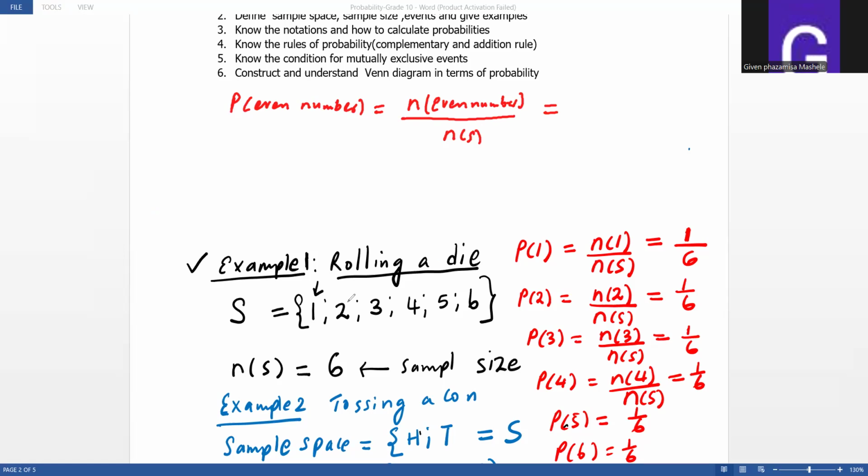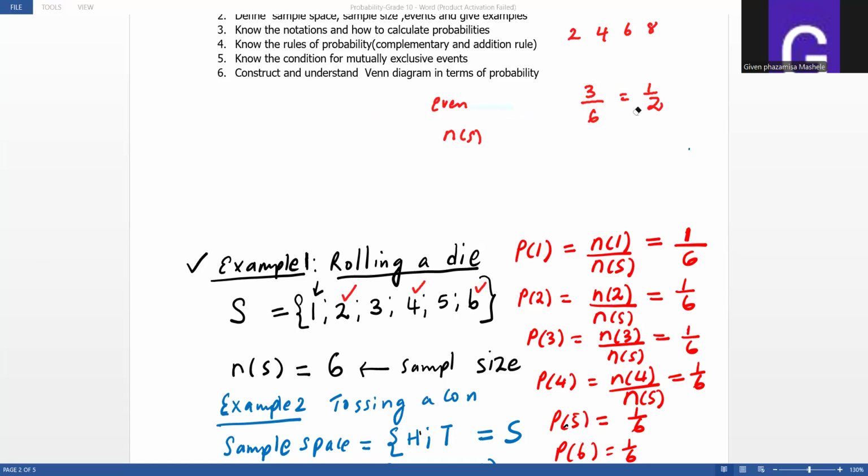How many numbers are even? Remember, even numbers are numbers divisible by 2. So it's only 2, 4, and 6. So it's 3 out of 6, which is just half. I strongly believe you're following, ladies and gentlemen.